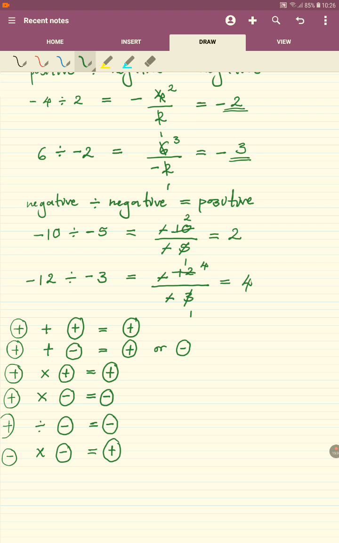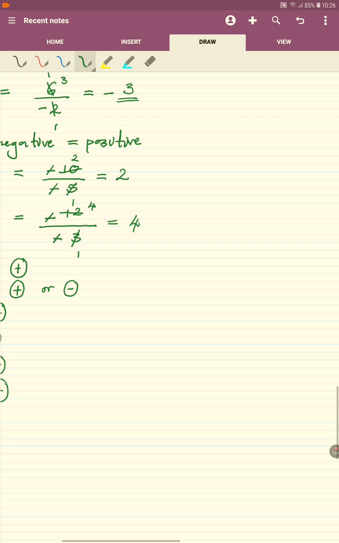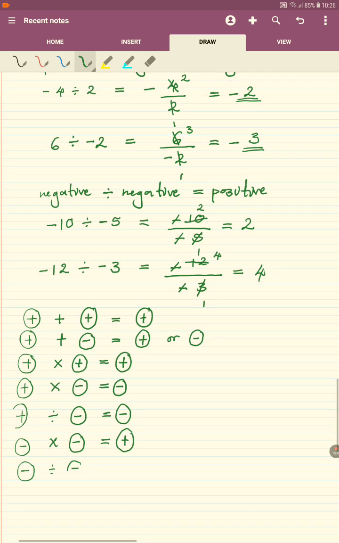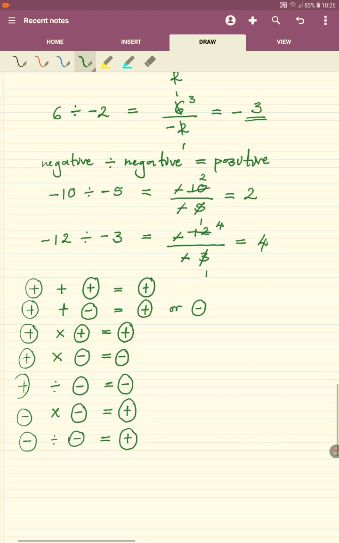And negative divided by negative gives your answer as positive. So that's what I had for you in this lesson today.